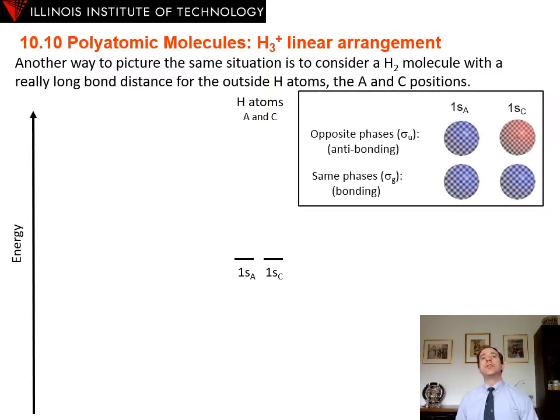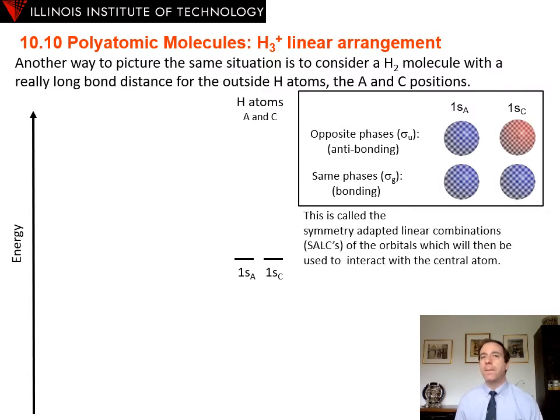Okay, so what's going to happen if we consider just the way these two orbitals interact with each other? Well, we know what happens, right? Two s orbitals are going to have bonding and anti-bonding. That's what they do. The only difference between the bonding and anti-bonding between these two hydrogens and the one we saw in the last lecture is that these are really far apart.